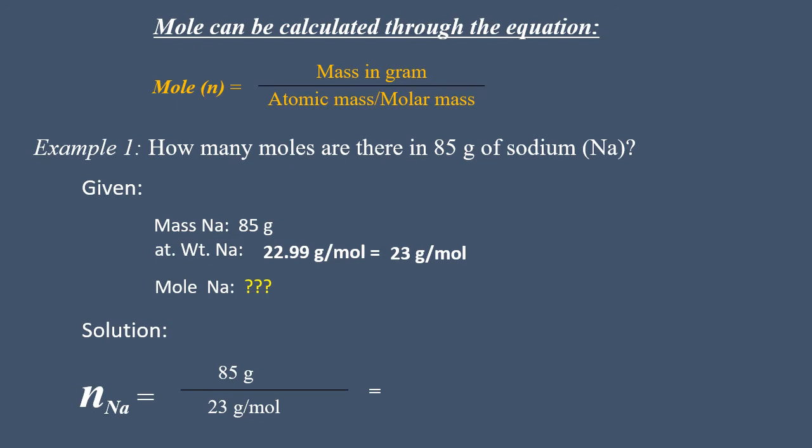You can now cancel grams, leaving the unit mole. You just press in your calculator 85 divided by 23, and you will get 3.70 mole. So the mole of sodium is 3.70 mole. I hope that is very clear to you.